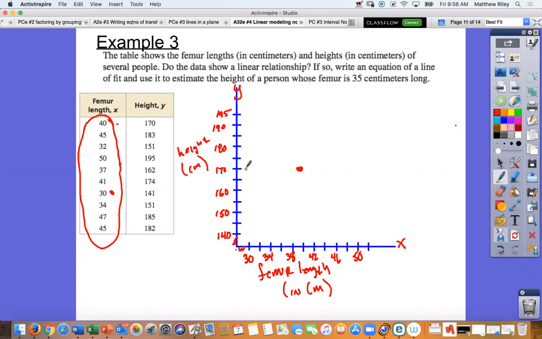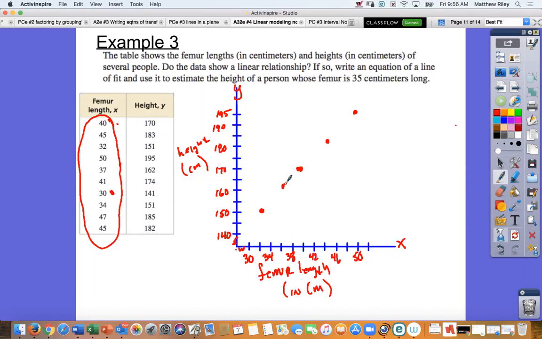But it doesn't really matter. I'll show you how to make it exact on the calculator. So 45, 183. So 45, 183 looks like about right here. 32, 151 is about right here. 50, 195, about right there. 37, 162, so 37, 162.